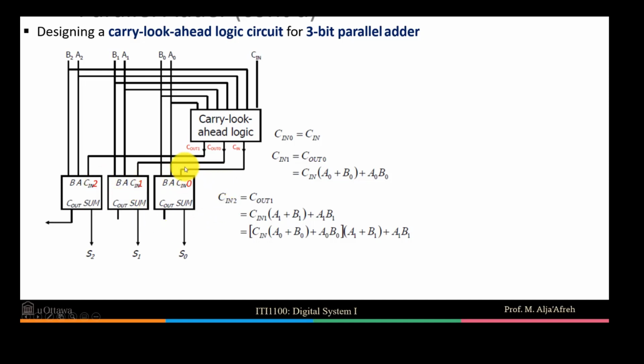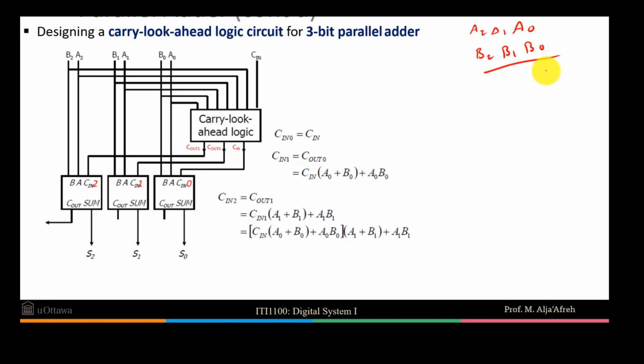But instead of rippling the carry out from the first adder to the second adder, we are calculating the carry out in advance. So how do we do so? Now, what is the carry in 0? Let's suppose that we have a 3-bit addition, so we have A2, A1, and A0, and we have B2, B1, and B0.